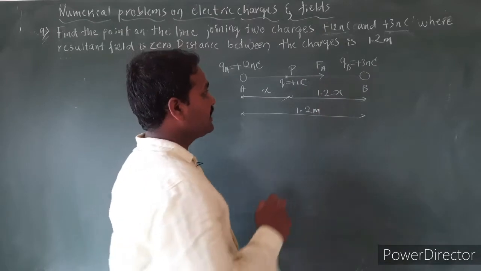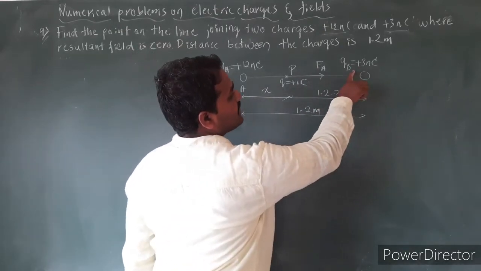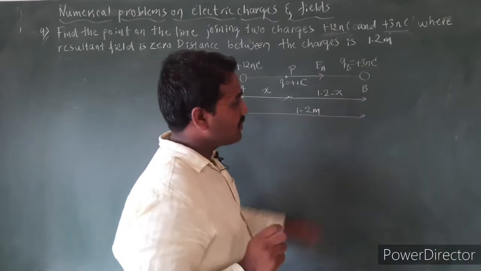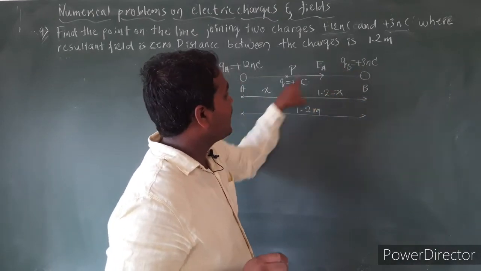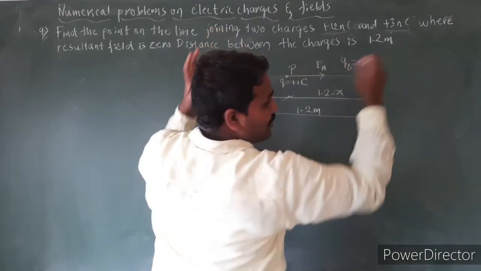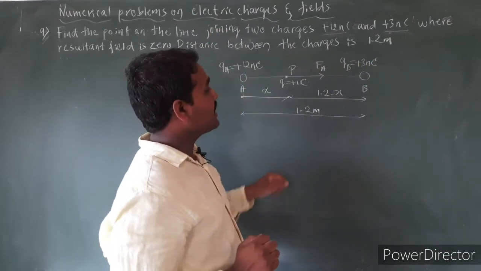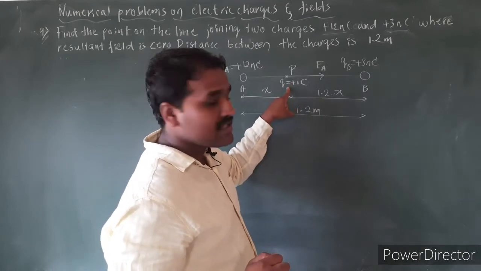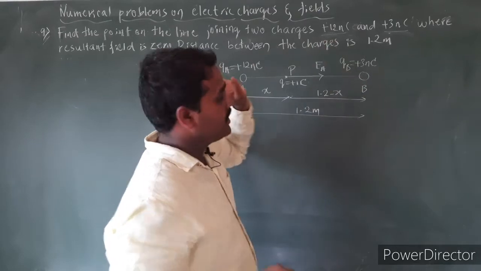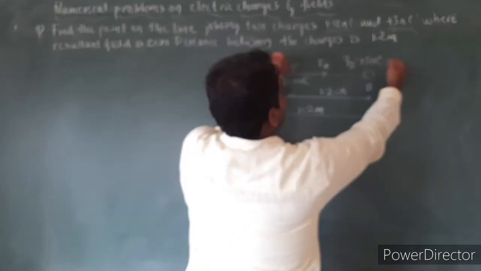Similarly, because of charge QB, which is plus 3 nanocoulomb and also positively charged, and the test charge is also positive, there will be a repulsive force between these two charges. But look at the direction in which the test charge moves because of source charge B. These two charges will move away from each other.